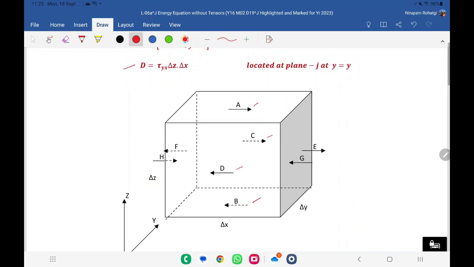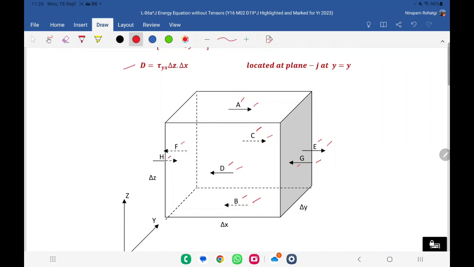Now these forces, these are the normal forces we have. One as a component of shear tensor, and one as a pressure, and they will be normal. We are talking about X direction. So this is a shear force, this is a shear force, this is a shear force, this is a shear force, this is normal, this is normal, this is normal, and this is normal.